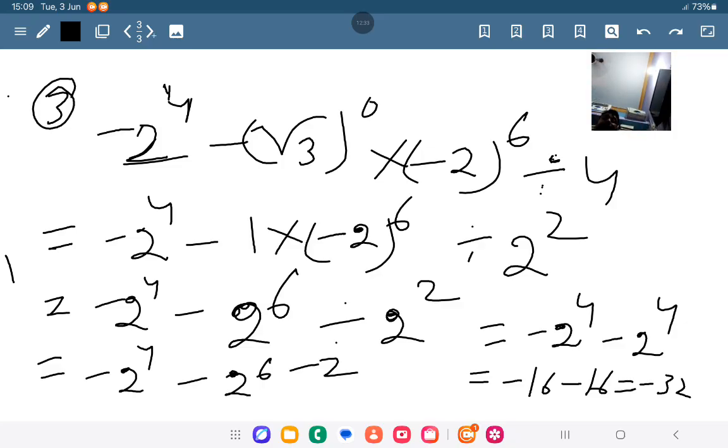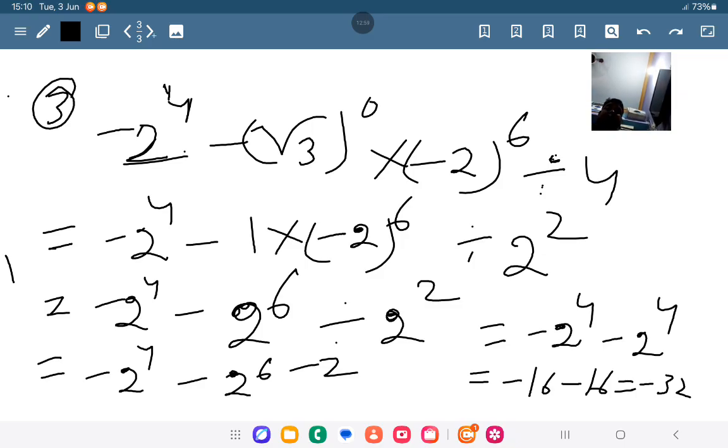Just look at it again. I'm going to explain it. Here the question is minus 2 to the power 4 minus root 3 to the power 0 into minus 2 to the power 6 divided by 4. So I have written minus 2 to the power 4 into, I have already told you something to the power 0 is equal to 1.